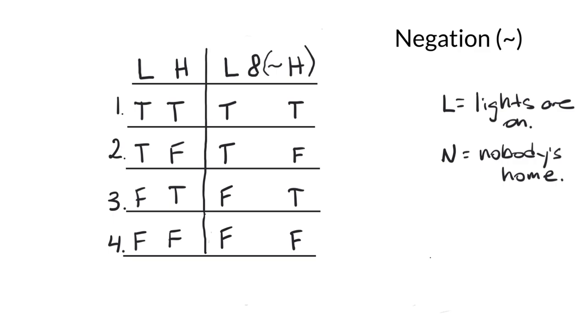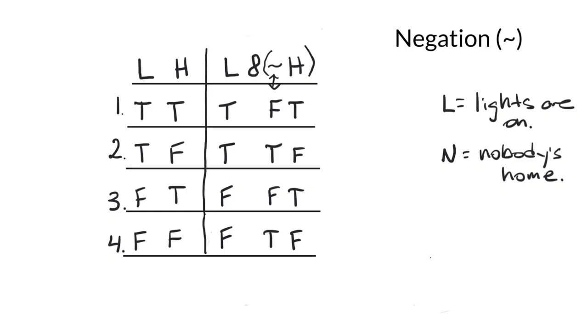So we just flip the truth value, and we're going to put that right under the main operator here for the right side of the conjunct, which is under the tilde, right under that guy. So if H is true on line 1, the negated H is false, and then we just flip it all the way down each row.